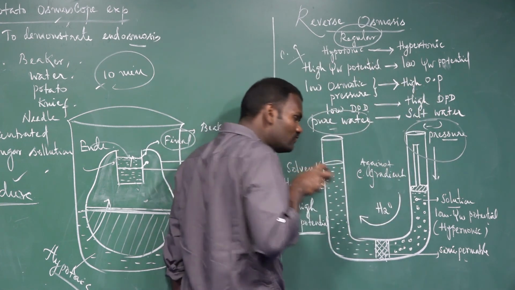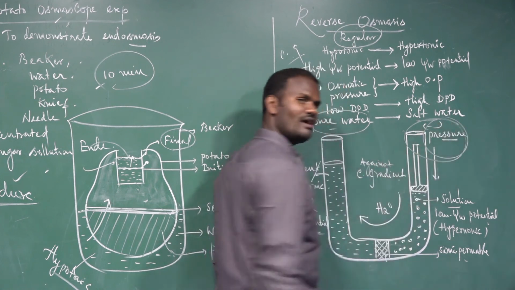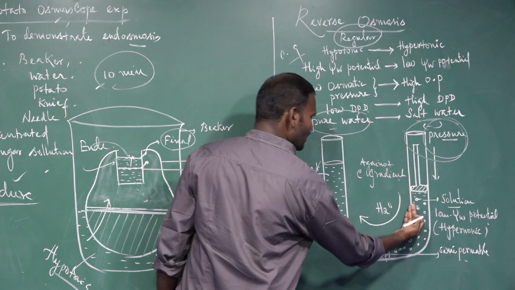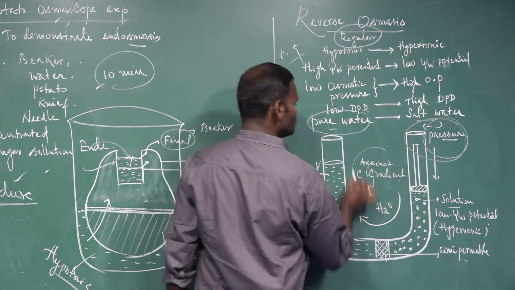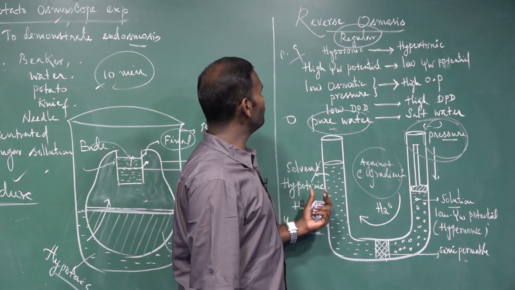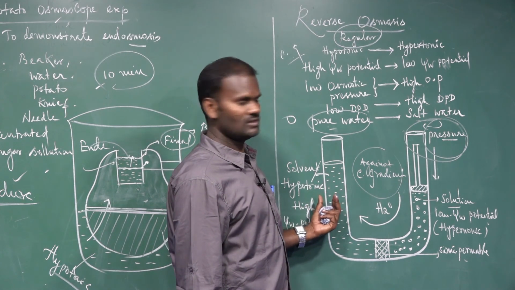But here we have to force the water by applying pressure to push the water from where to where, low concentration to the high concentration. That is called against the concentration gradient. So automatically that becomes reverse osmosis.